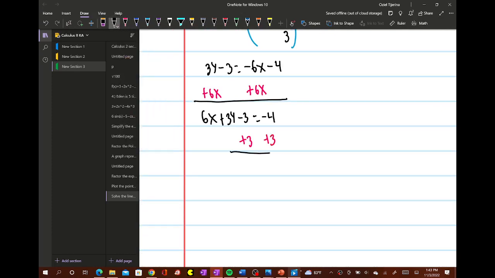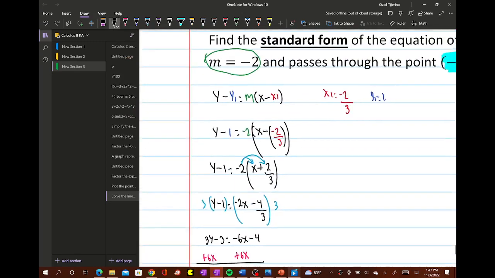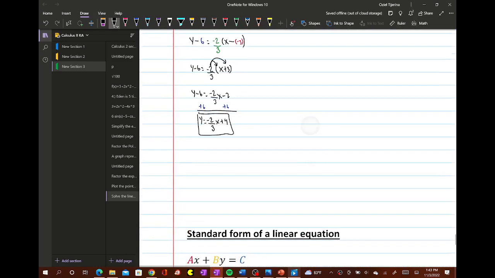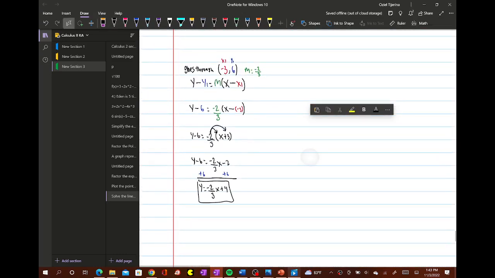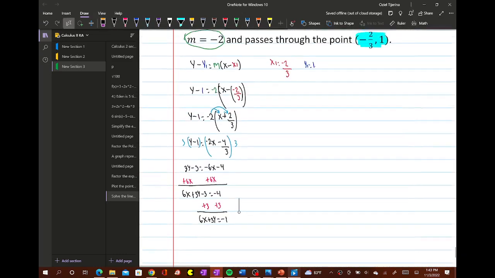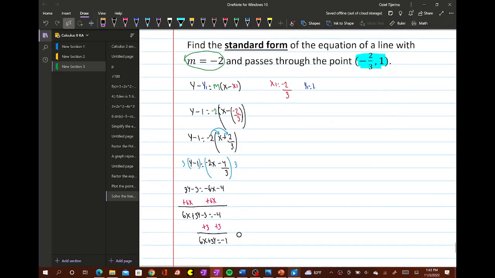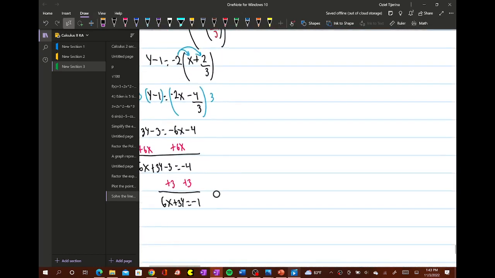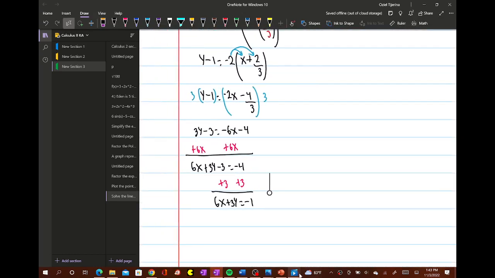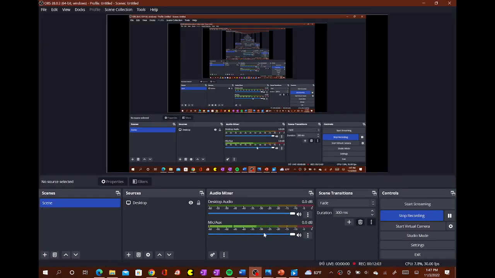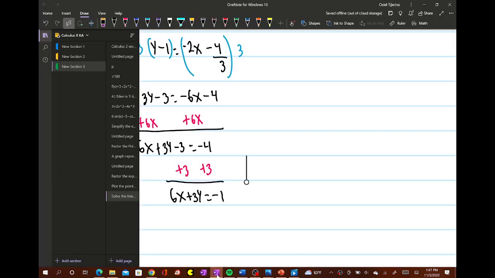So this gives you 6x plus 3y equals -1. I believe I have the same form that I did in the other, I believe it's the same thing. One second, guys. Okay, so yeah, so actually, guys, that is how you do this problem.